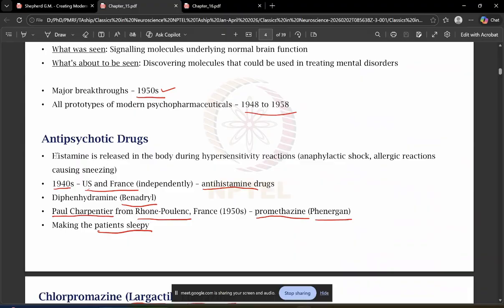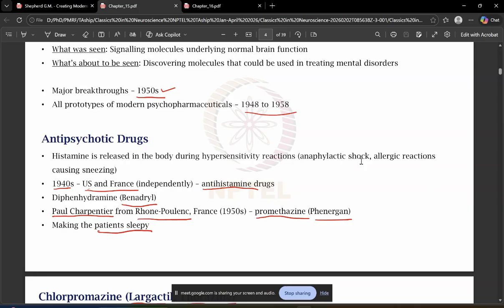So histamine is released in the body during hypersensitivity reactions such as anaphylactic shock, and allergic reactions which cause sneezing, for example, during common cold. Many individuals experience a lot of sneezing, and that is also caused by the release of histamine by the body. And anaphylactic shock refers to an acute hypersensitivity reaction.